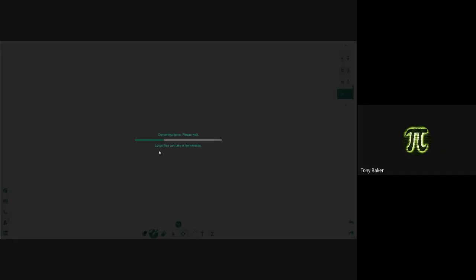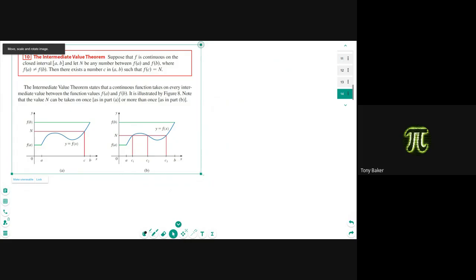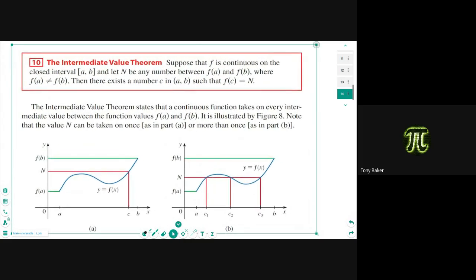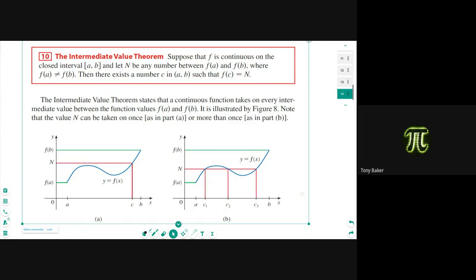Very important theorem: the intermediate value theorem.